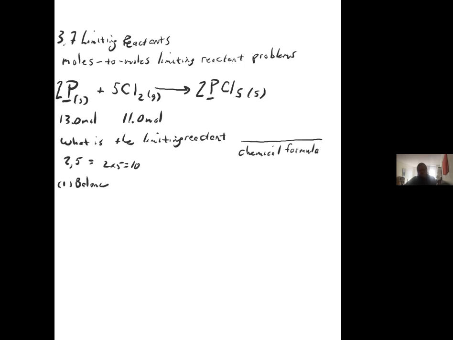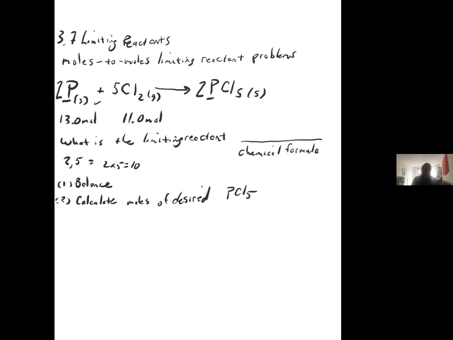Right, that's the first step. Step 2, calculate moles of the desired. Now, I don't say product here, I say desired because they might tell you how many moles of the product you got and you have to find the moles of the reactant. So you never know which one they're going to tell you. But in this case, the desired one is the PCl5. In fact, in this problem, they don't even ask you for the amount. But what I would do is I would say, okay, they gave you the moles of this one.